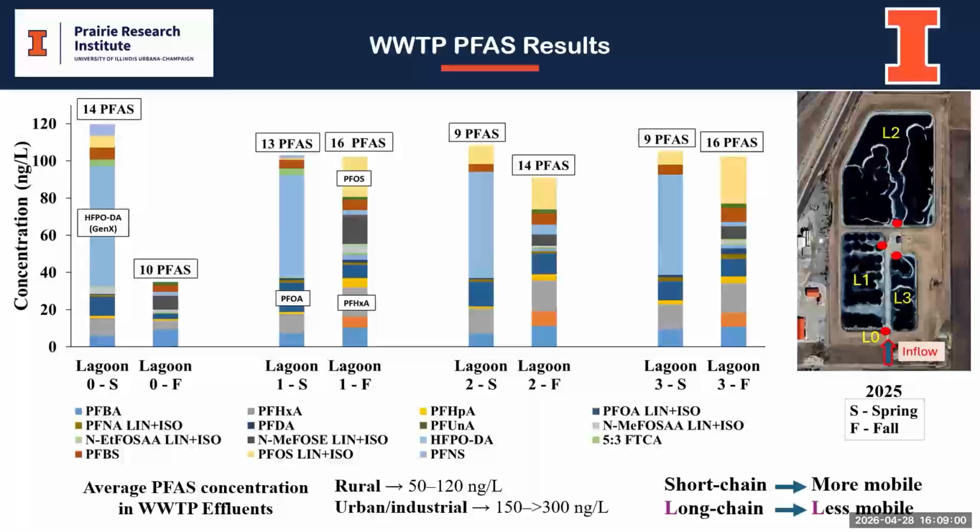So here we can see the results from the lagoons. We have Lagoon 0, which is the influent to the wastewater treatment plant, to Lagoon 3, which is right before the effluent. We have the concentration in nanograms per liter, for the spring and the fall of 2025.